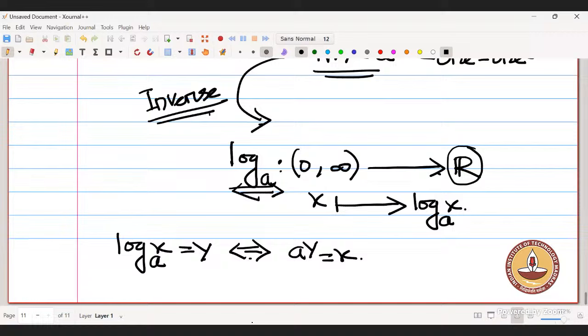Again, let me tell you, this is one of the most important things in logarithm. If you know how to use it properly, you can solve almost all the questions. And this property comes from the fact that log is the inverse of the exponent.